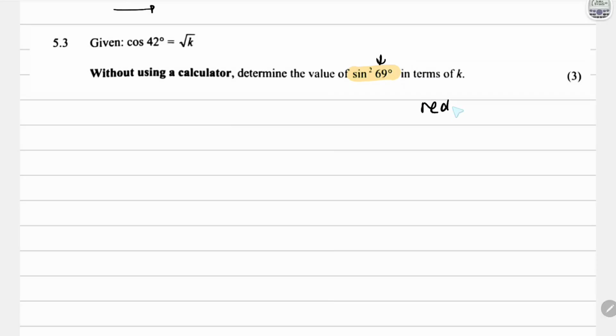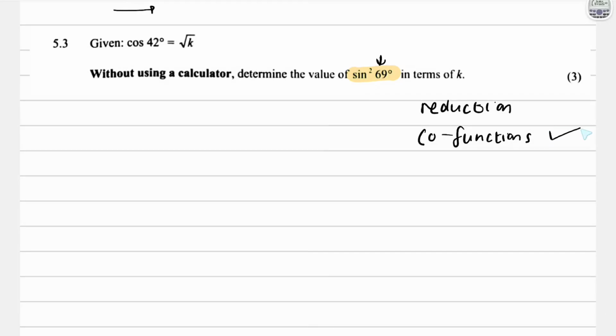Since reduction does not work, what we can decide to use is cofunctions, because it's another form of somewhat reducing an angle. I'm going to go with cofunctions because I can't really reduce 69. So let's start off. We're saying sine squared 69 degrees, and let us use cofunctions.